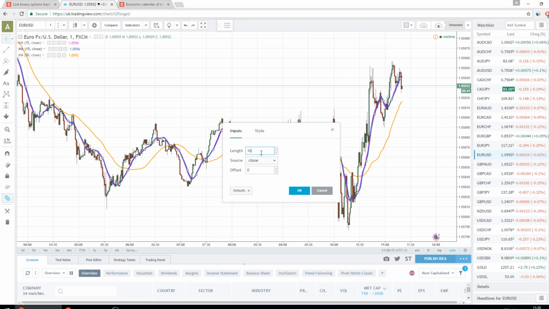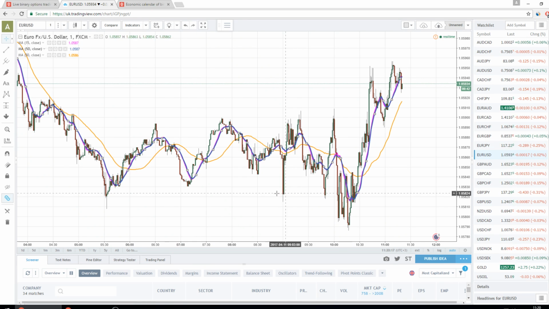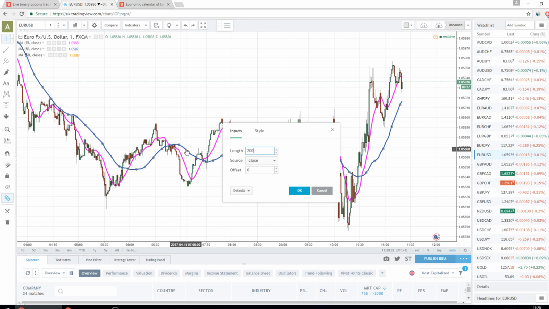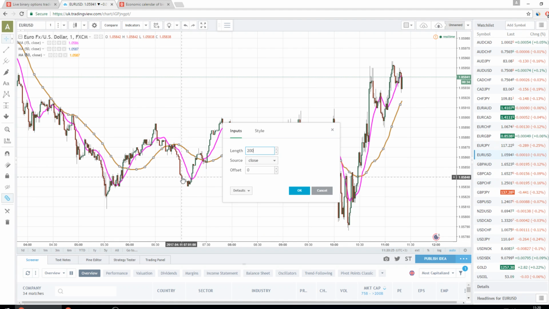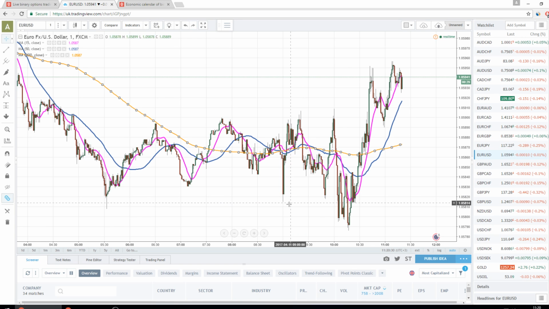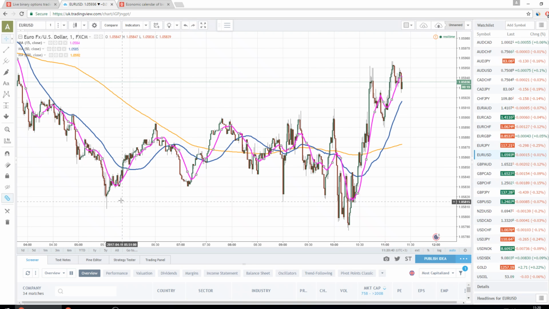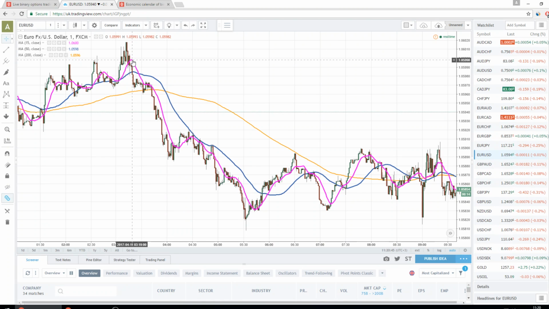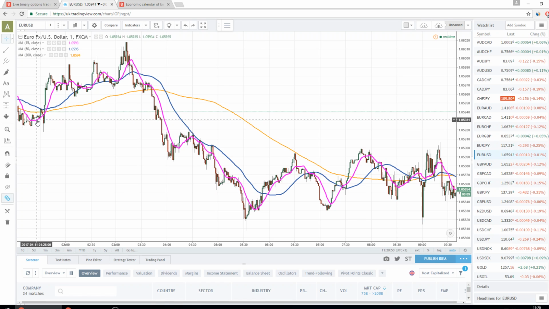Here we can put like 50, and here we can put like 200. Basically, that's the sort of crossover when you need to pay attention to what's going on right now and which moving average is crossed and how. So basically that's pretty simple.